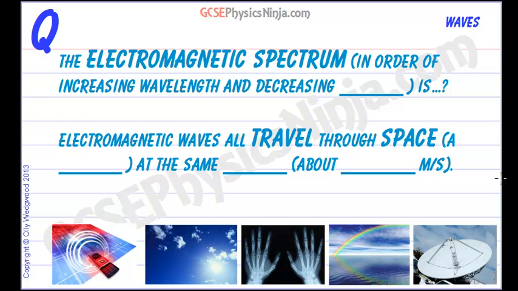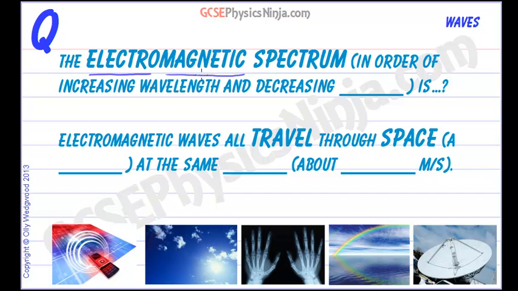Electromagnetic radiation, such as visible light, infrared radiation, microwaves or radio waves, they're all part of the same family called the electromagnetic spectrum. Now, these are special waves which are electrical and magnetic wobbles or vibrations or disturbances, and that means that they don't need a material to go through.